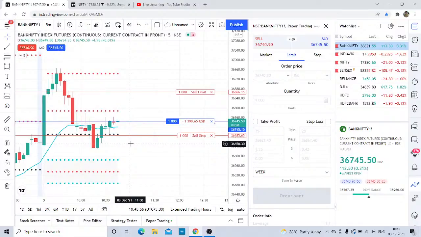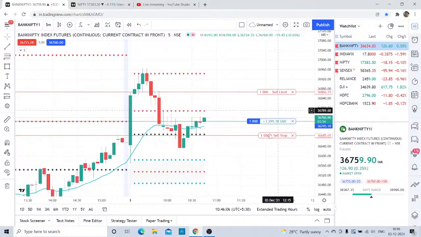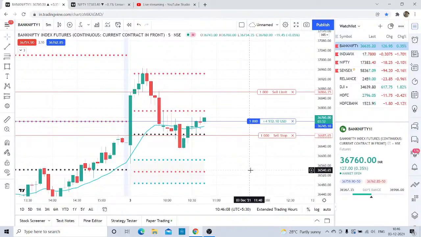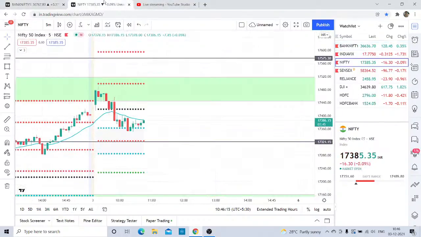Today it's a narrow CPR in Bank Nifty, so we can expect some trending move. But let's see what will happen. Nifty is not giving us any fresh buy.